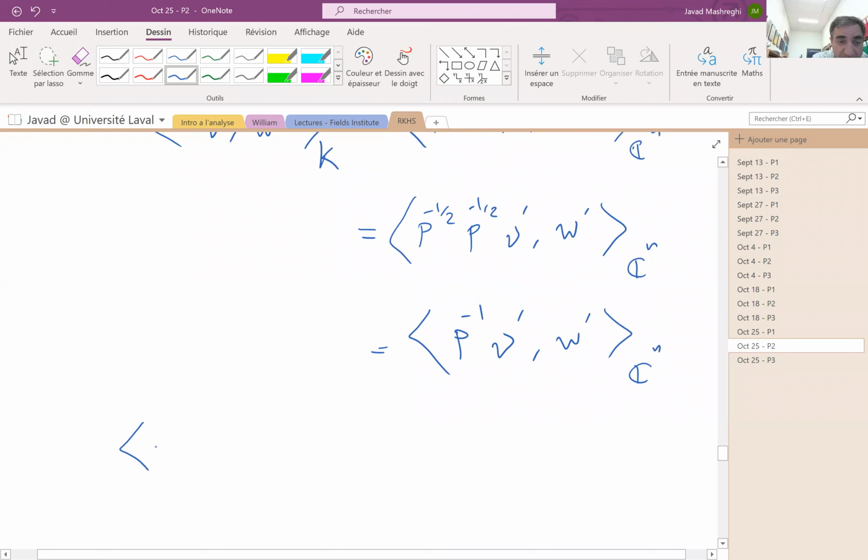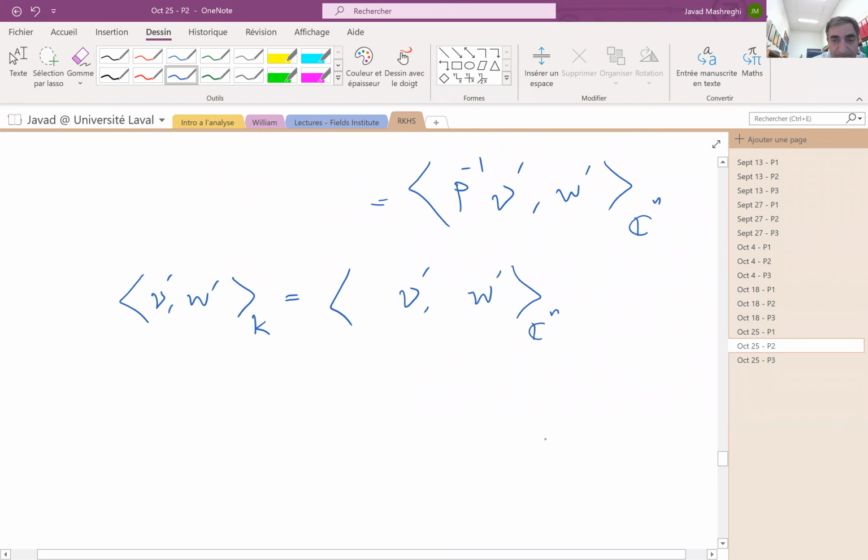So a formula that we have is the inner product of any two elements in K is the corresponding inner product in C^n, but you put P minus 1 in front of one of them, either here or there.